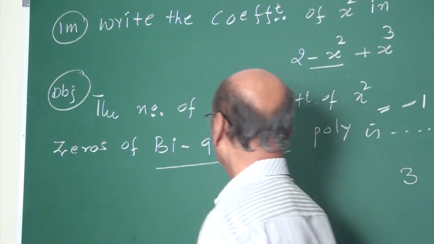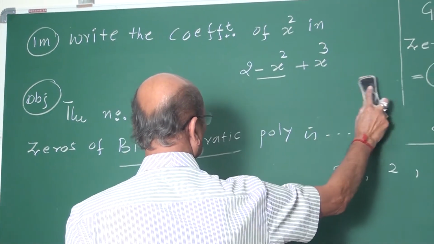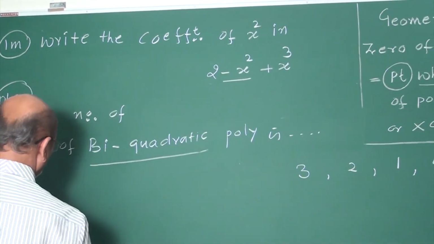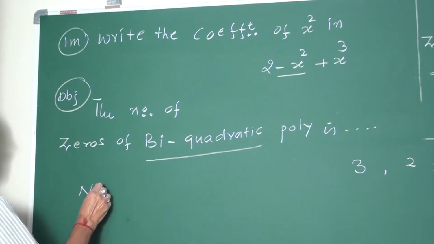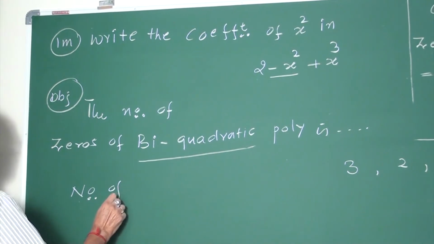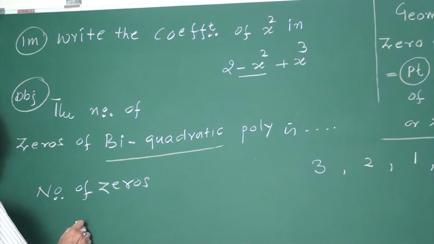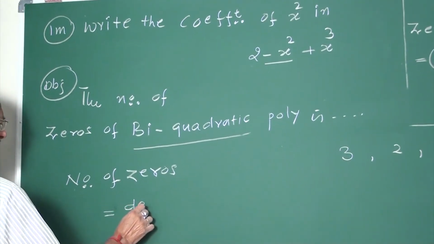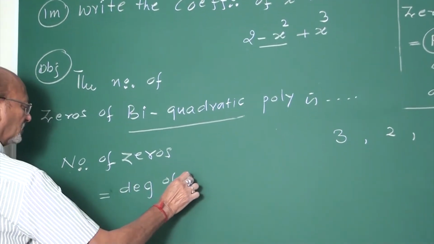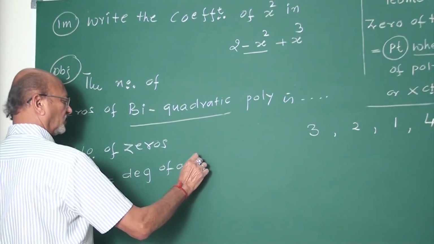Tell me, my friends, what is the number of zeros? The number of zeros of this biquadratic equals the degree of a biquadratic polynomial.